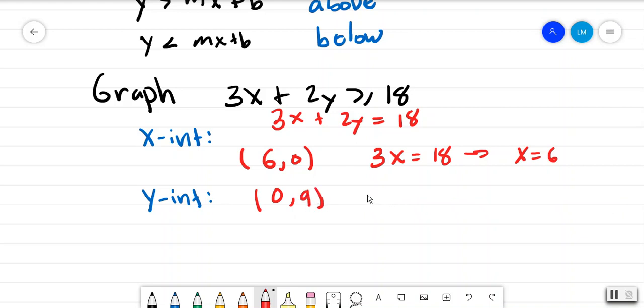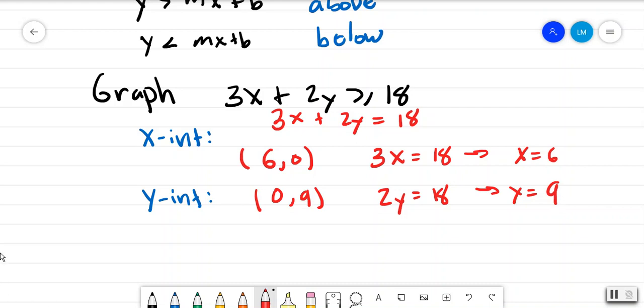In case you're wondering how I got that so quickly, that's just 2y equals 18, which tells us that y is equal to 9. Actually, I said it backwards. Yeah, this should be a 2, and this will be a 9.